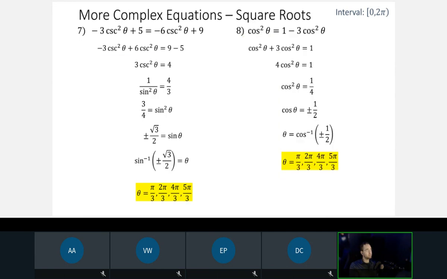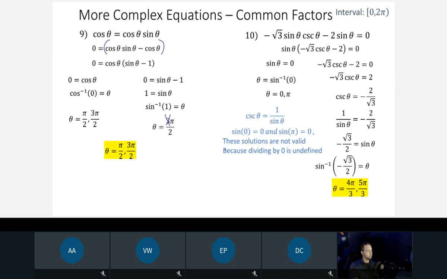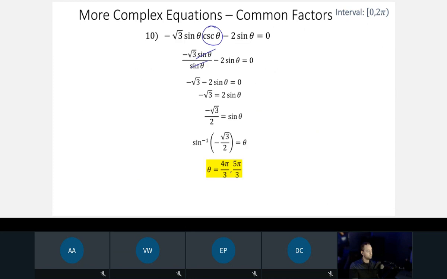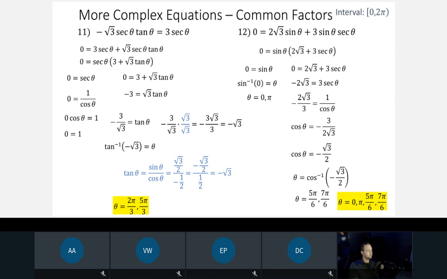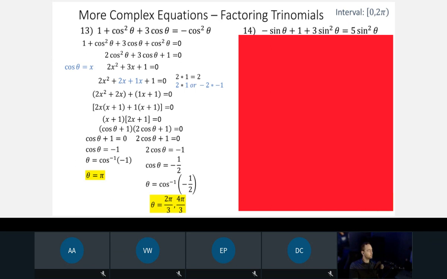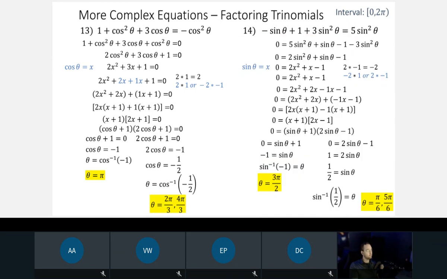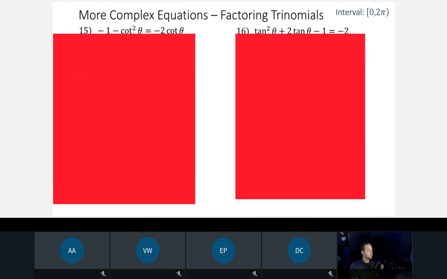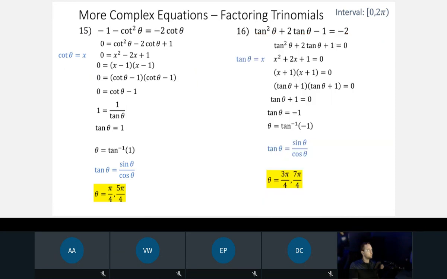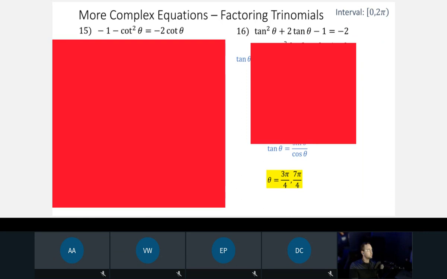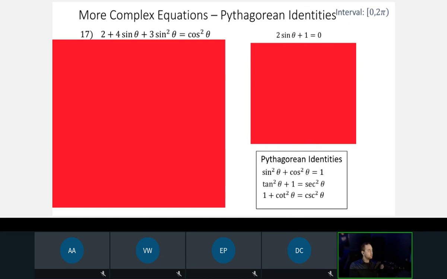Number 8. 11 and 12. There you go. Number 14. 15. 16. 17.